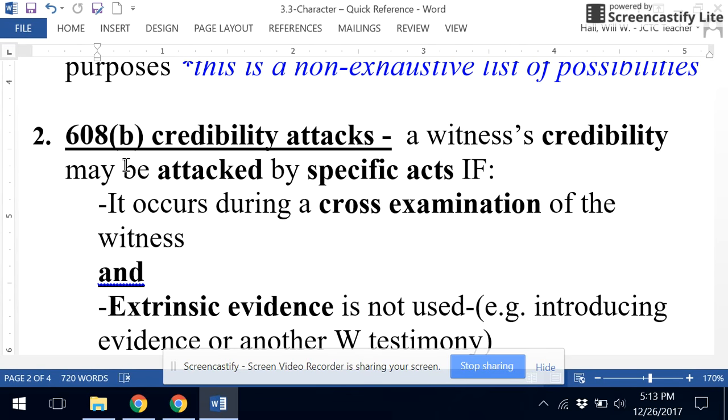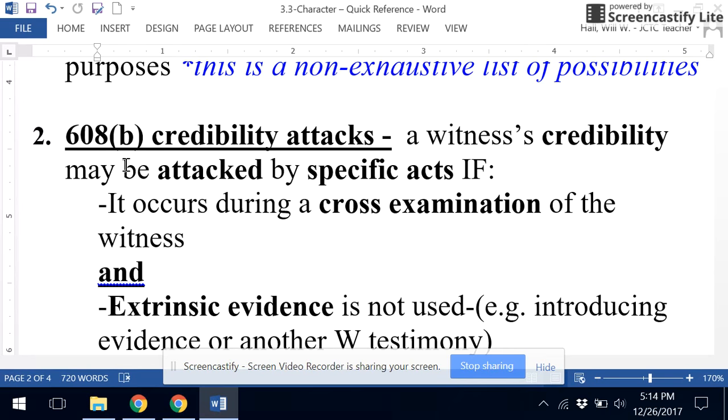Not to show action in conformity therewith, "They're a thief, therefore they're guilty of murder," but to show that they've done the opposite of what they said they do. Therefore, they're a liar. They say they don't go to bars, but they do. They're a liar. They say they don't deal drugs or do drugs, but here on Facebook, they're bragging about using drugs and dealing drugs. They're a liar. So you can always do that to impeach them.